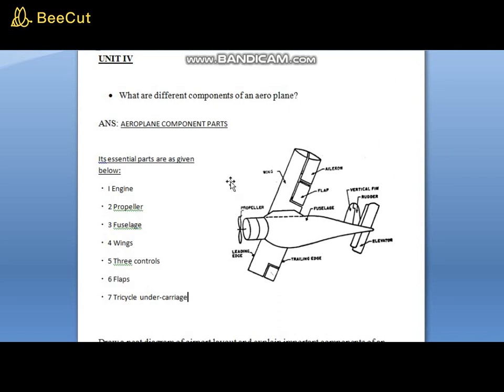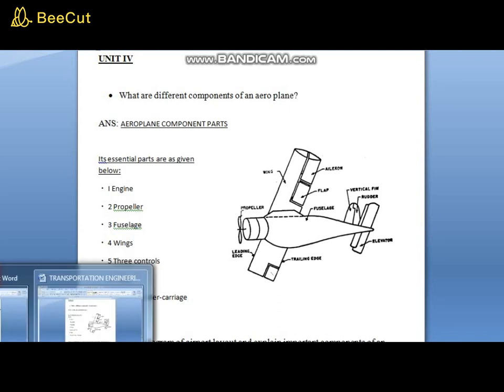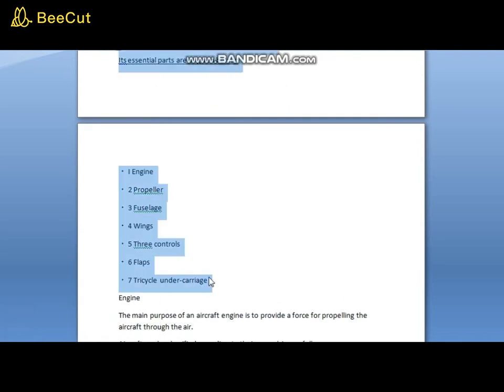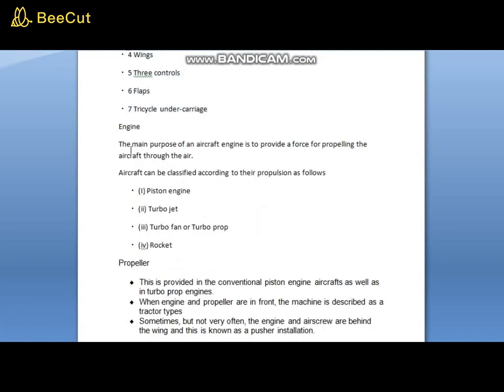If the question is elaborated, we need to give these descriptions in detail, for example, the engine.